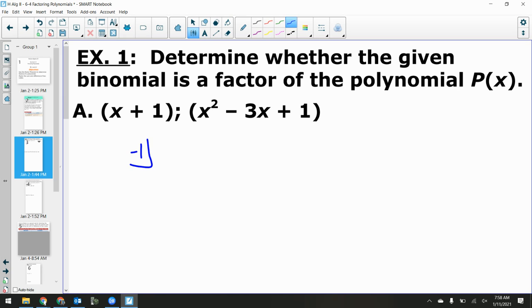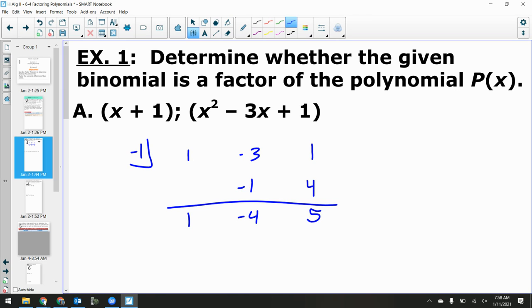So this makes a 1, a -3, and a +1. No zeros needed. Bring it down. Number in the box times the number below the line. Add down. Number in the box times the number below the line.